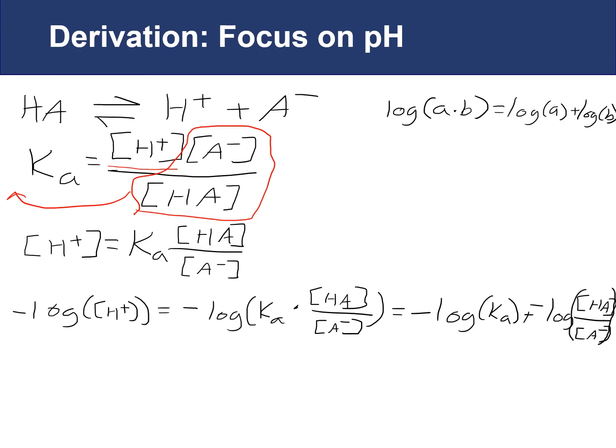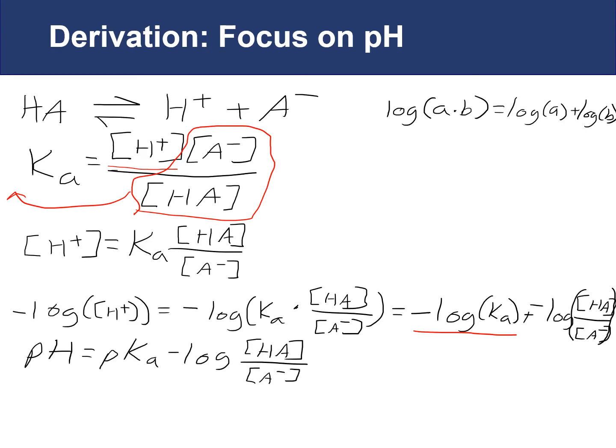Negative log of H plus is our pH. Negative log of Ka is the pKa. And then we would have minus the log of the concentration of HA over the concentration of A minus. This is one form of the Henderson-Hasselbalch equation.